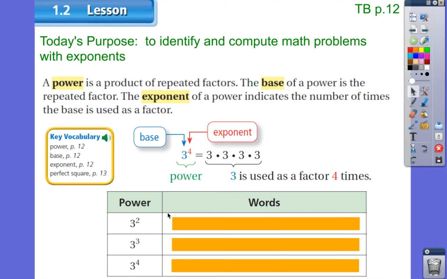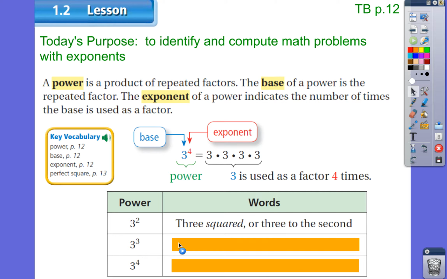Let's take a look at some real common powers. For example, down at the bottom in our table, they have 3 to the 2nd power, 3 to the 3rd power, and 3 to the 4th power. When you see 3 to the 2nd power, oftentimes they'll just say squared. If a number is squared, it means that the power is always going to be to the 2nd power.